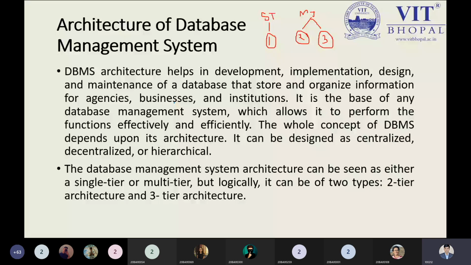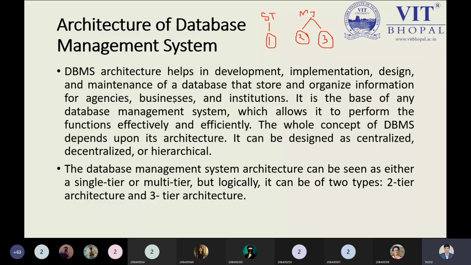Database system architecture covers development, implementation, design, and maintenance of a database and stores the organized information for agencies, businesses, and institutions. So on this base any database system can perform its functions effectively and efficiently. That is the term. So we are understanding database architecture to identify the functionality of any organization smoothly, effectively and efficiently.